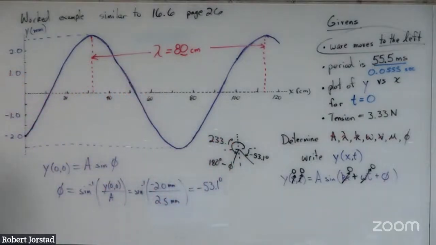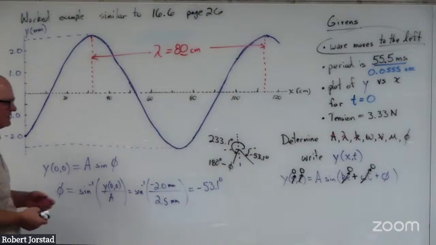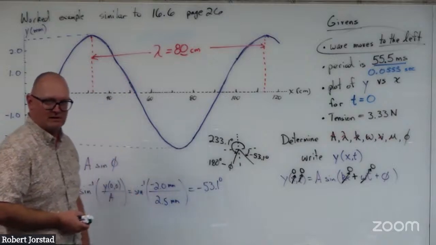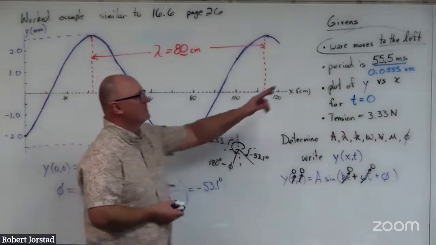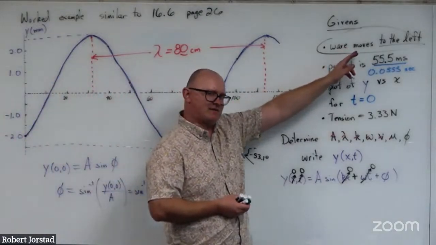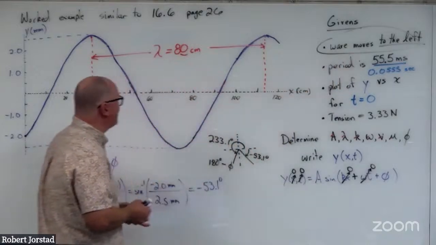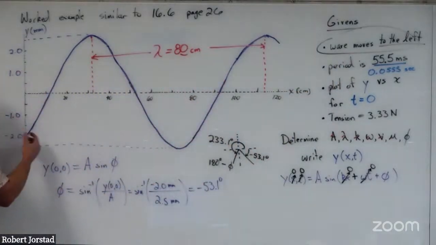All right. How can we tell which one it is? We should not blindly assume it's -53.1. In this case, what do we know? This wave moves to the left. How does that help us? Let's imagine this wave moving to the left. A millisecond later, this portion of the string should be higher up. If this wave is translating this way, a minute later, this point would be at the origin.